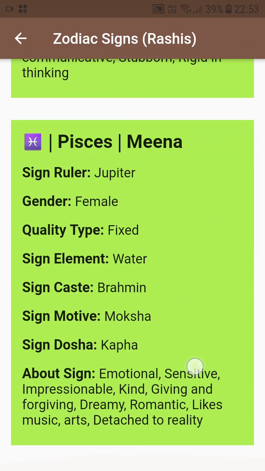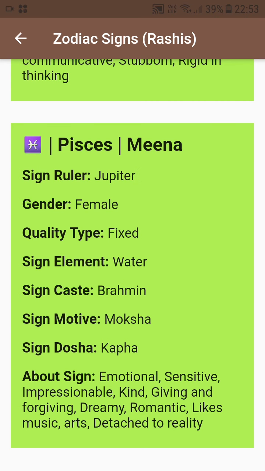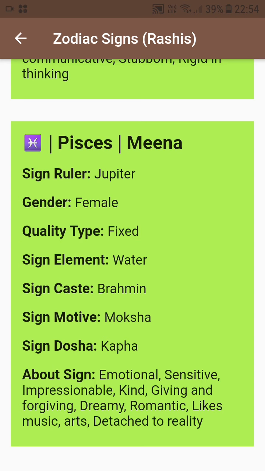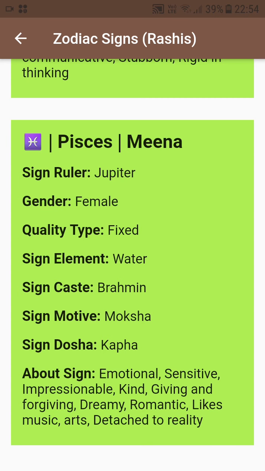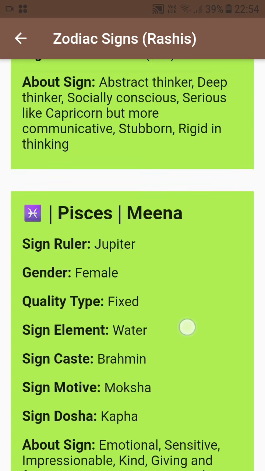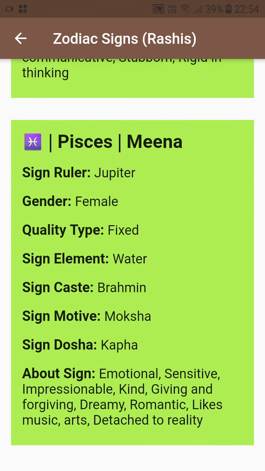The last one, it's going to be watery, fixed watery sign ruled by Jupiter, Pisces, Meena. Yeah, female, gender, fixed by quality, and element is going to be water. See, there was another fixed water, that's small water bodies, but here it's an ocean. If Jupiter has fixed water, it's going to be ocean.